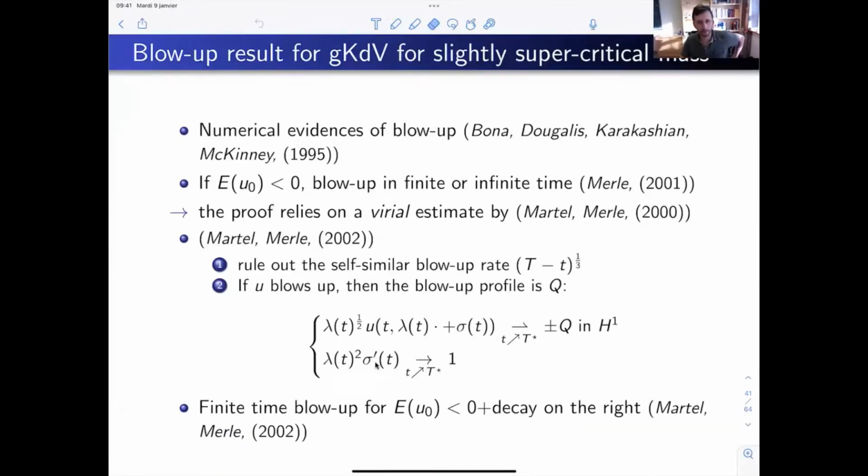And in the sequel, it's a series of works. They have another paper where they prove some blowup in finite time, for slightly supercritical mass, also for negative energy, but this time they had to impose a decay on the right for the solution. First you could think this is just a technical assumption and actually it's not needed.